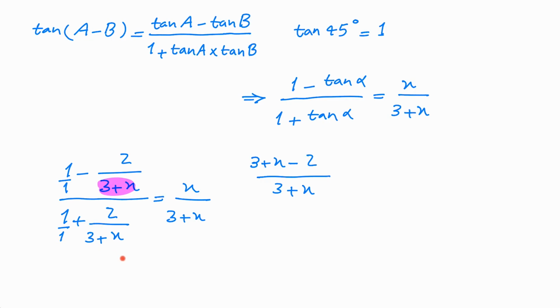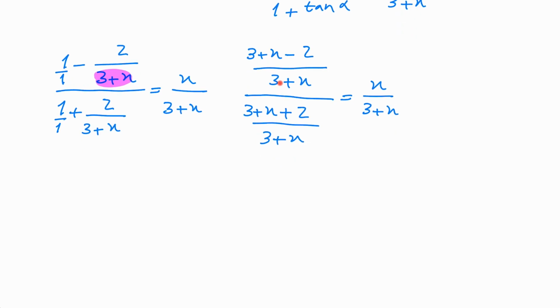And for the bottom fraction, we have the common denominator 3 plus x, product of these two values 3 plus x, plus the product of these two values, which is 2 here, should be equal to x divided by 3 plus x. So now we can cancel out this denominator and this denominator.